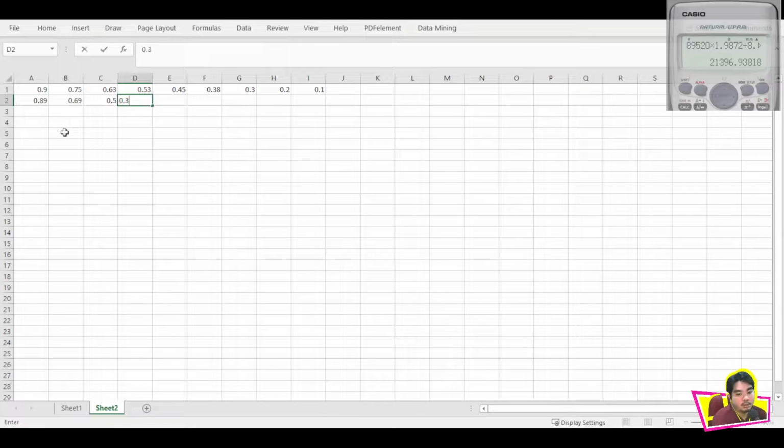Tell me if I'm typing correctly. 0.2, 0.1, 0.03, 0.005, 0.008. Okay. So this is my X aluminum. This is a molar fraction aluminum. Kasi ito, activity aluminum.